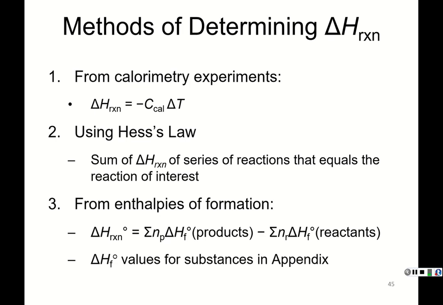And 3 is probably the easiest way, and honestly, moving forward in Chapter 20, when we're calculating the delta S of reaction or the delta G's of reaction, we're going to be using this same method. And that's from the enthalpies of formation, where you have the sum of the products minus the sum of the reactants. Again, all those delta H of formation values are in the back of the book in the appendix, so you just look those up.